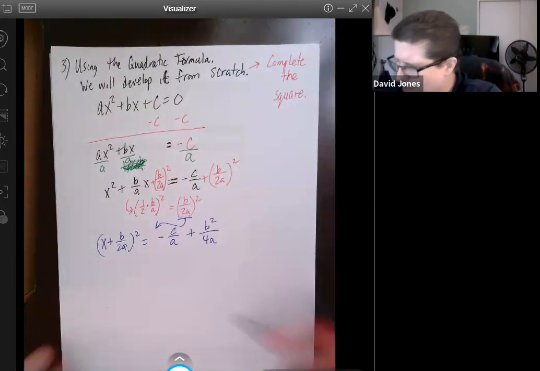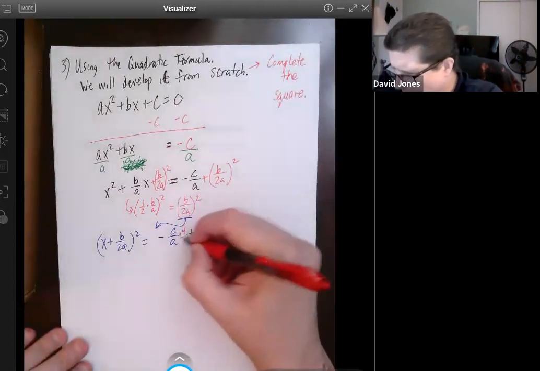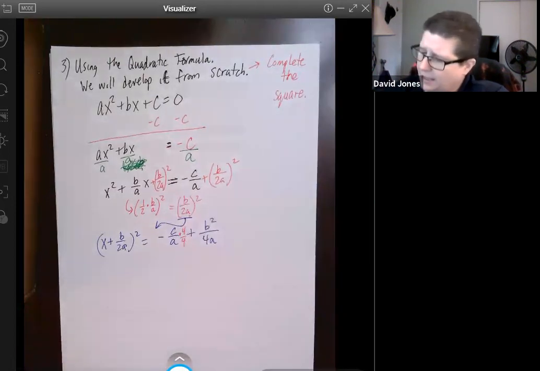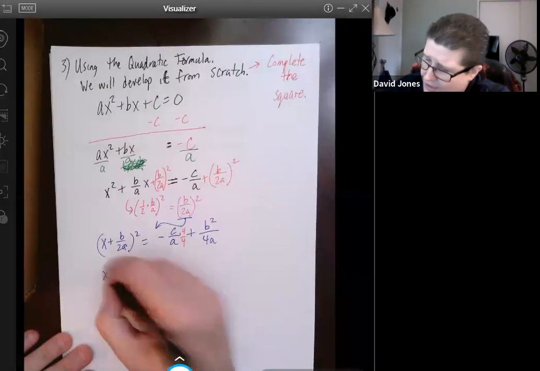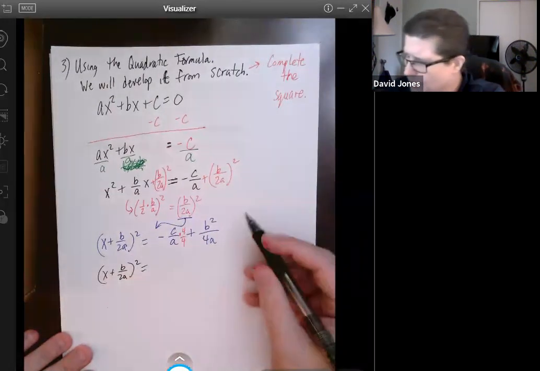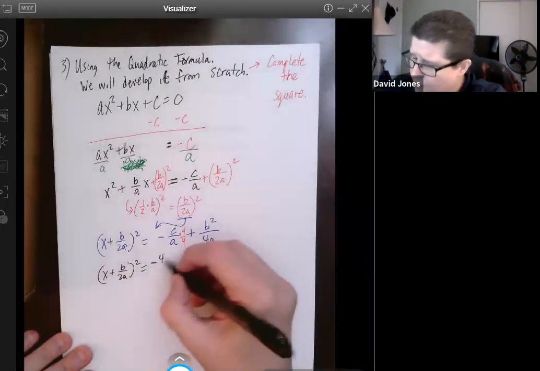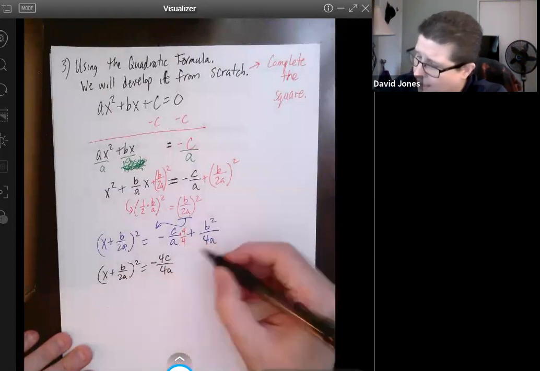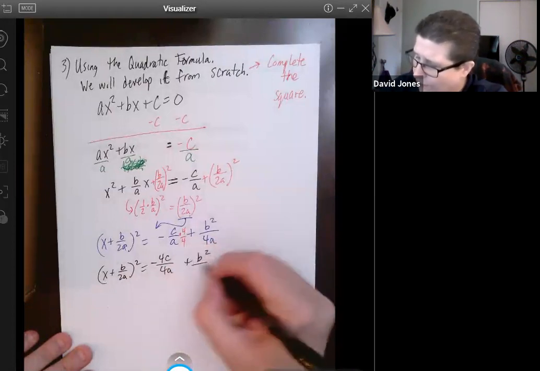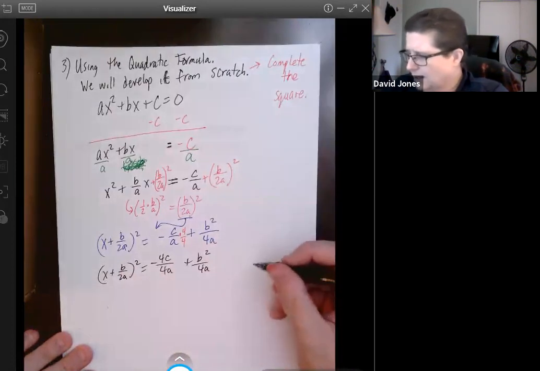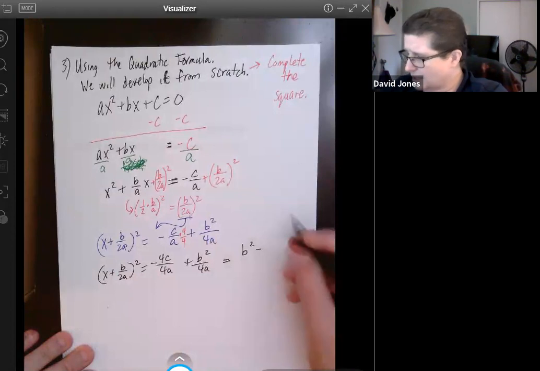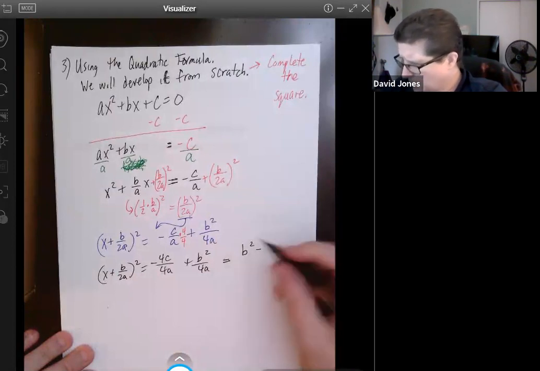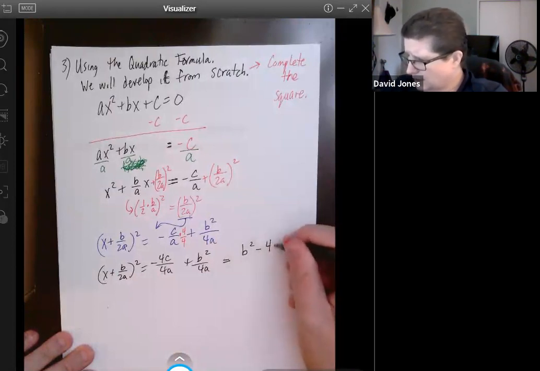I have to multiply this by 4 over 4. And if I do, I get x plus b over 2a squared equals negative 4c over 4a plus b squared over 4a. And I'm going to make this one fraction and just say b squared minus 4c.